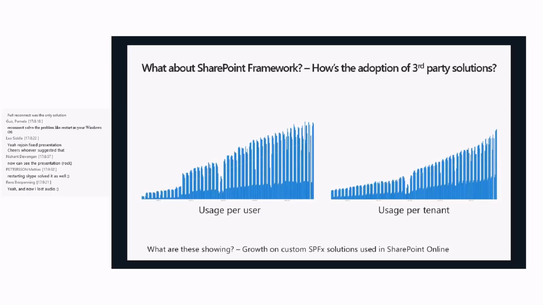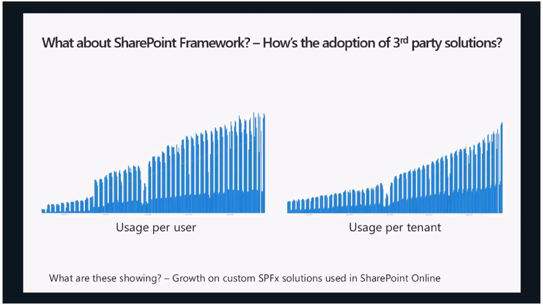The right side is showing the same, but at tenant level. What's interesting here, and we've seen this now for a few weeks, is that the tenant usage is growing exponentially, and it seems to indicate, based on our statistics, that more and more developers are starting to use SharePoint Framework. We're heading towards summer in the northern hemisphere, and that means people maybe have more time, I don't know, to learn new stuff and start adopting the SharePoint framework as well.